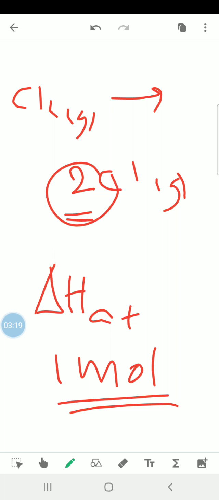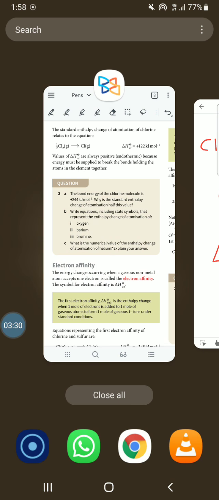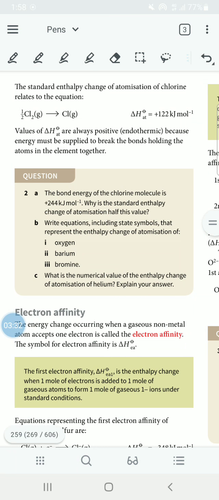So because of that, we have to take half of its value. So the enthalpy change of atomization is plus 244 divided by 2, it is plus 122. Right. Then part B, write the equations including state symbols that represent the enthalpy change of atomization of oxygen.